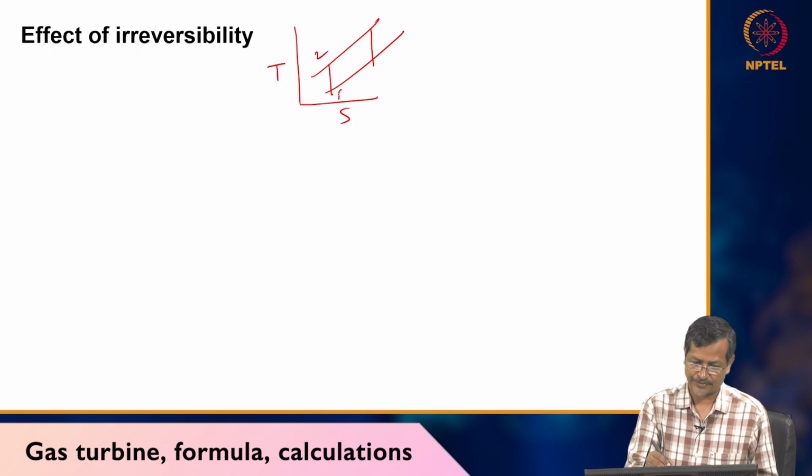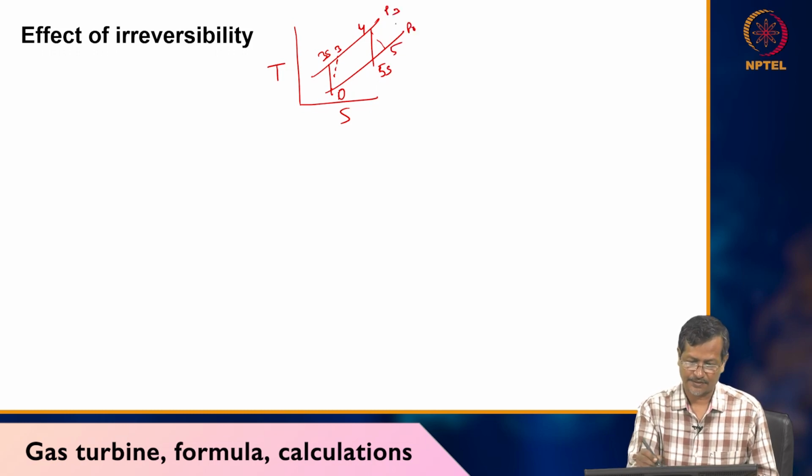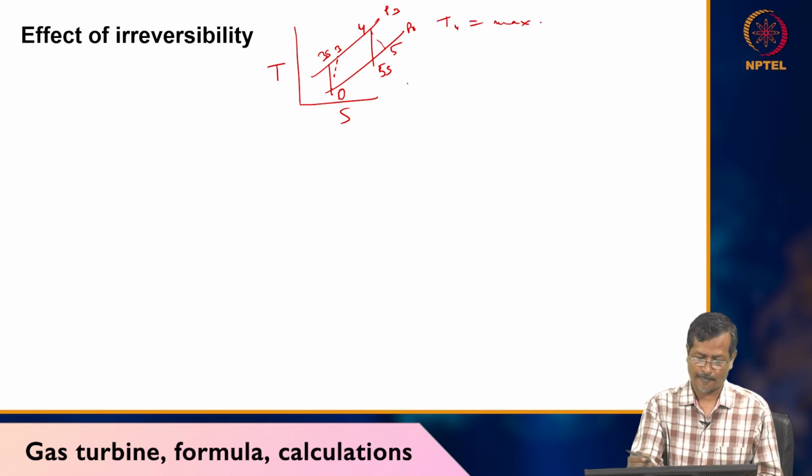Here they have given 0, 3, as it is from some book I am copying. 0 to 3s, 4 to 5, this is 5s, meaning constant entropy, this is 5, this is P0, this is P3, and T4 equals maximum temperature.